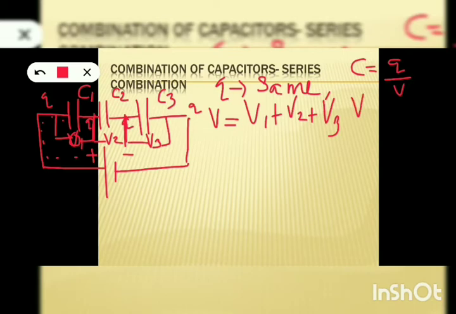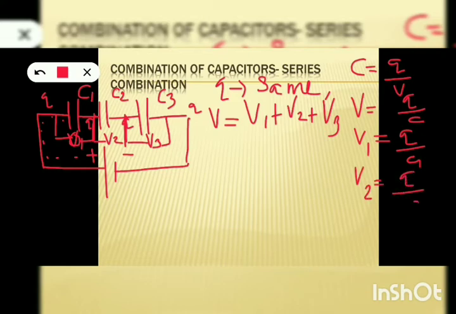And what will be V? V is equal to Q by C. So if V is Q by C, then V1 will be Q by C1. No need to write Q1 by C1, because the charge Q remains the same. And V2 will be Q by C2, V3 will be Q by C3.